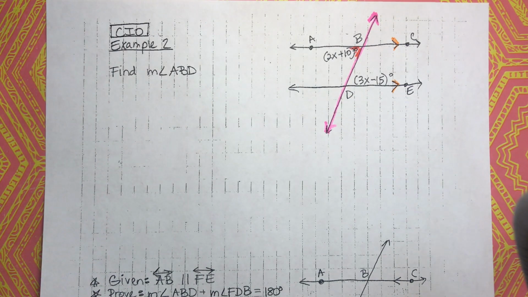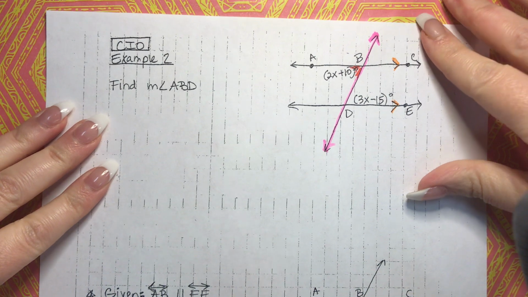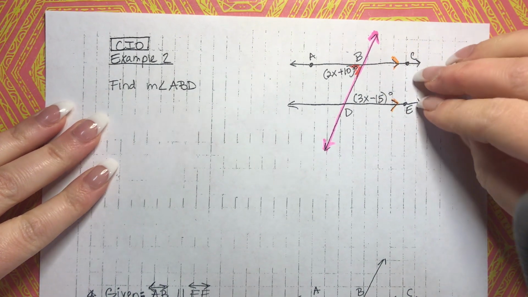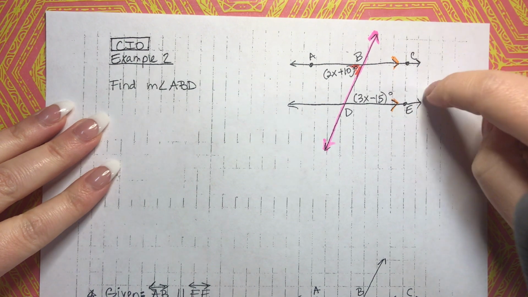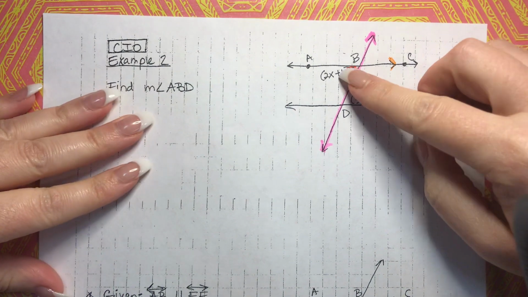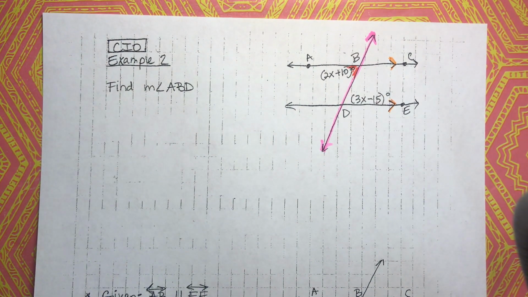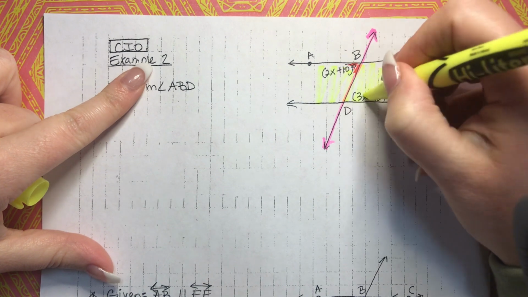Whenever we see two parallel lines that are cut by a transversal, we know that we can use the corresponding angles postulate, we can use the alternate exterior angles theorem, or we can use the alternate interior angles theorem. And if you look here, these two angles are actually interior angles, and they're alternate interior angles.